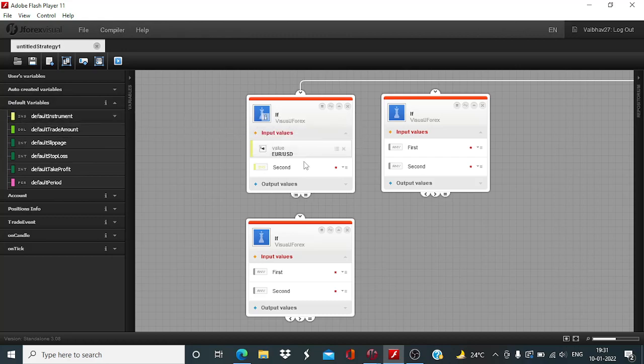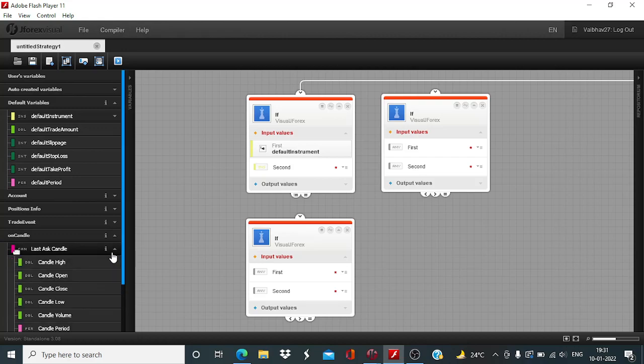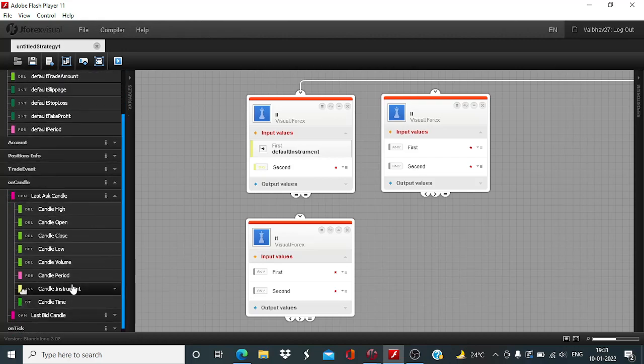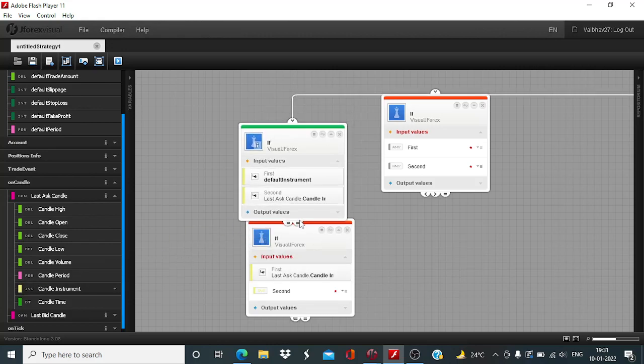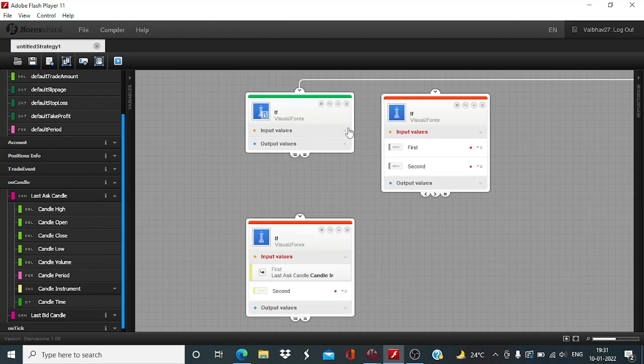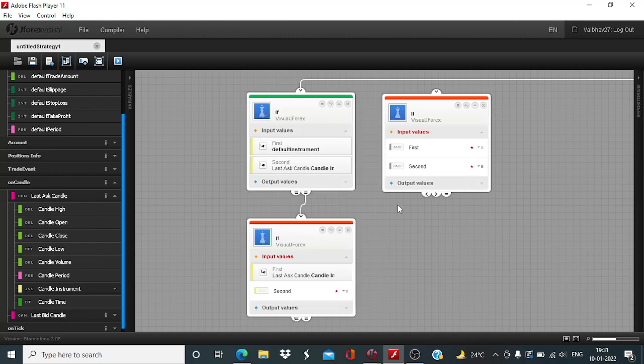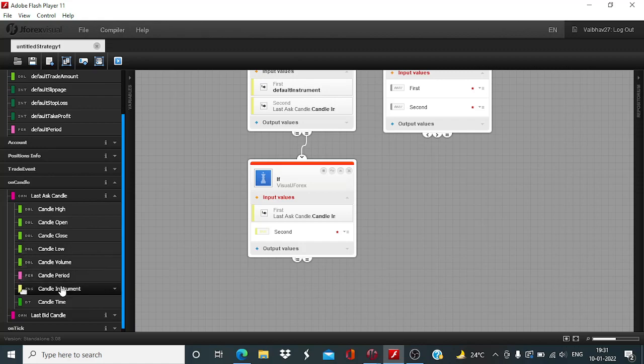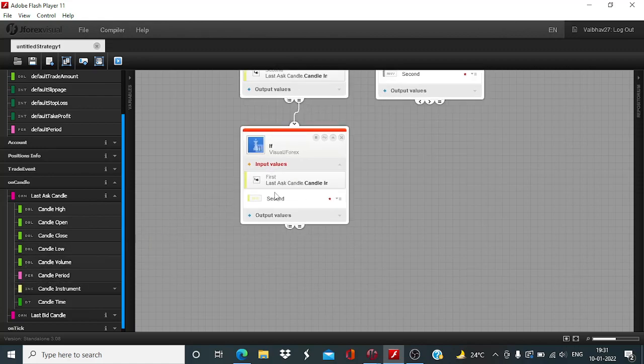Default instrument should be equal to candle instrument, and candle instrument should match the instrument of our choice, which is going to be Euro USD.